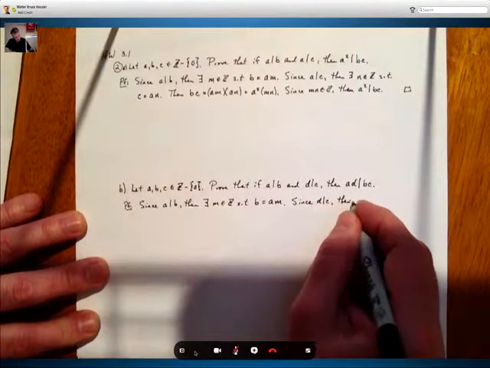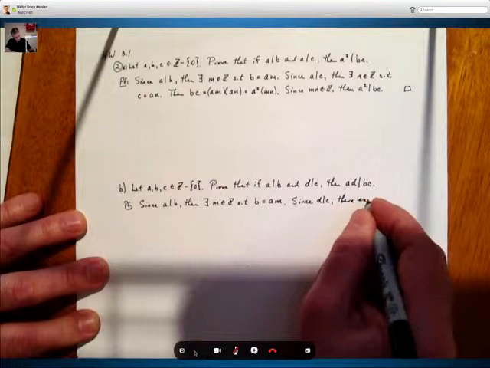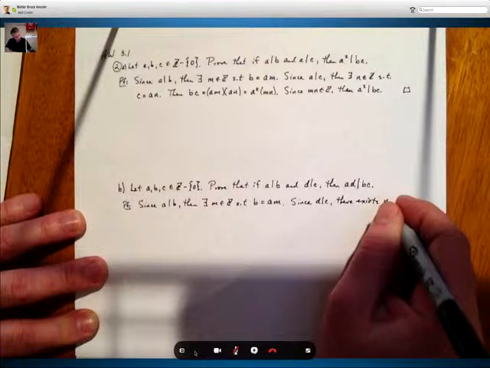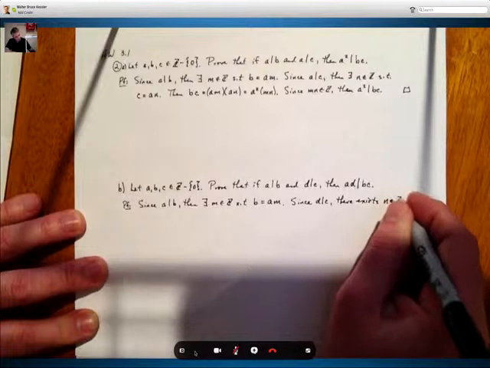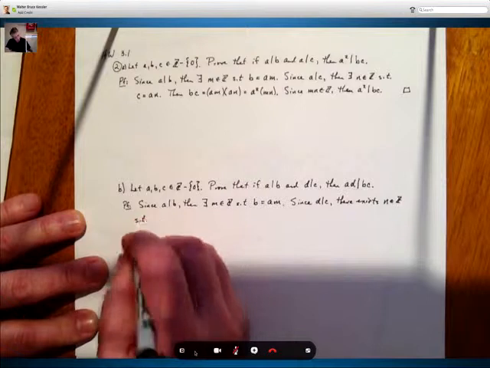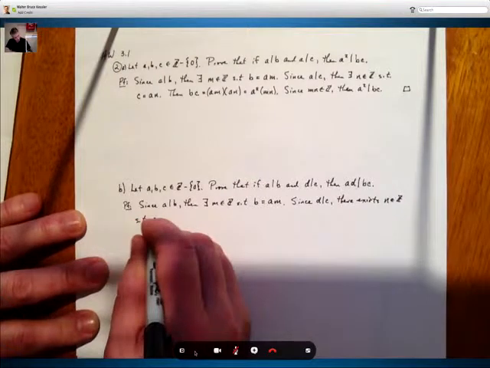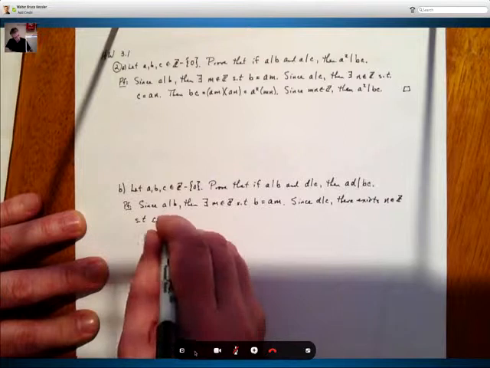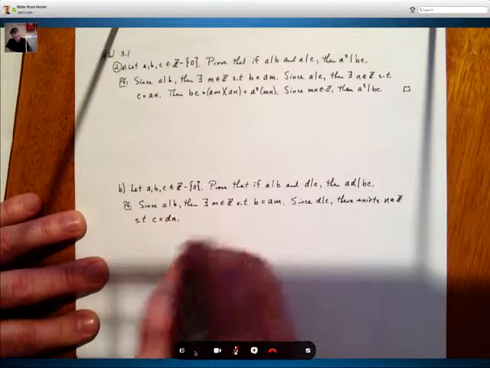Since d divides c, oops, forgot my little backwards e, there exists an integer n such that c is equal to dn.